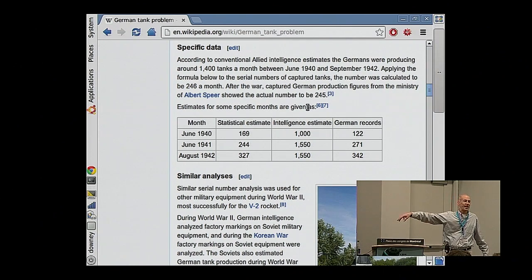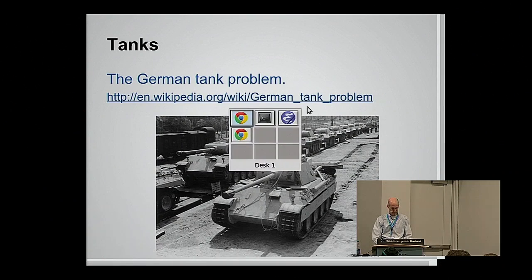The intelligence estimate was generated by the spies when they were asked how many tanks the Germans have, and the actual numbers turned out to be very close to the statistical estimates and way below what the spies were reporting. So that was kind of a nice historical example.